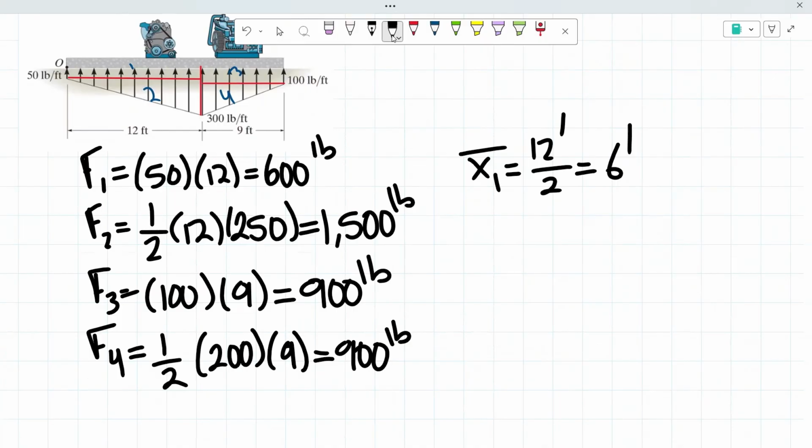Now for force 3, we know that the force is going to be found right here at mid-span. So half of 9 feet is 4.5 feet, but then we're going to add this 12 feet, because it's going to be this far away.